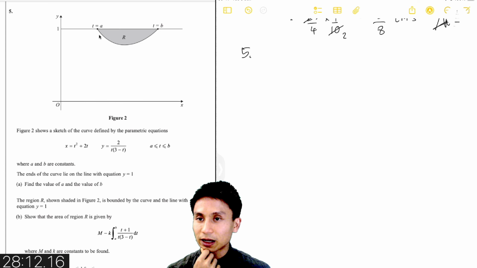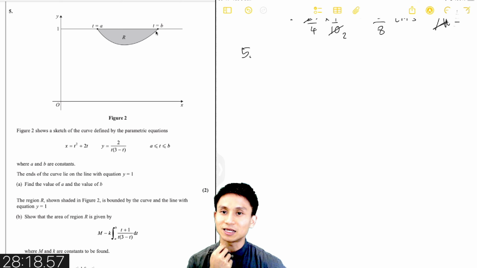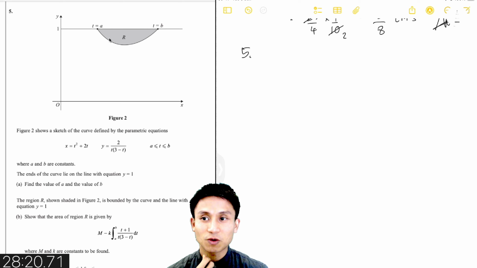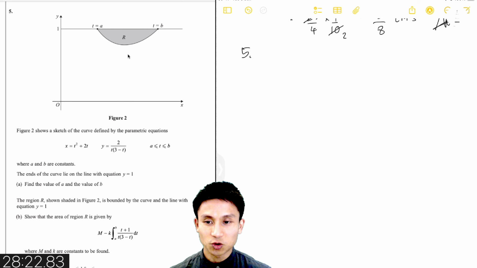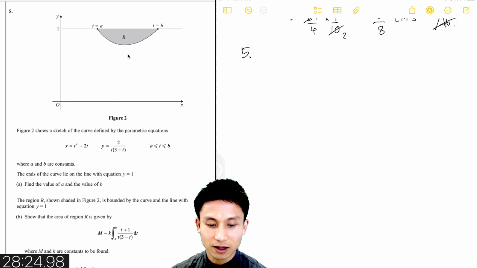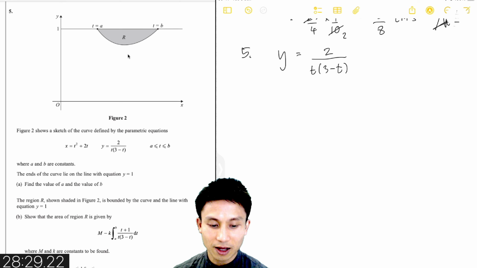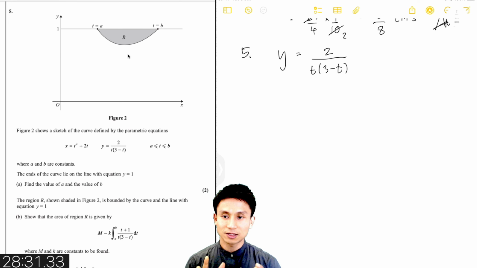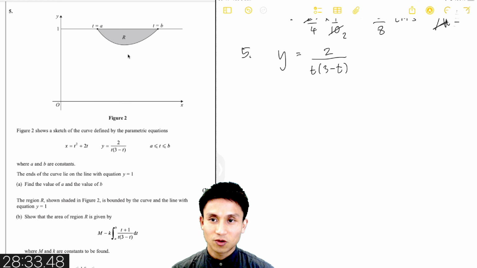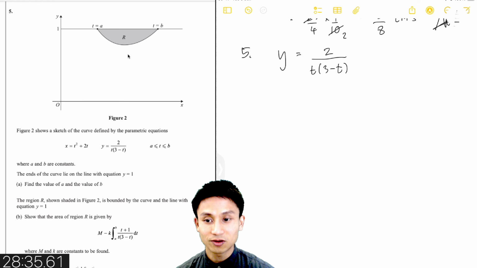Look, guys, on these 2 points they give you t equals a and t equals b, and that is where y equals 1. So if we take the equation y equals 2 over t(3 minus t) and put it equal to 1 and solve for t, then they should be the answer to a and b, right?